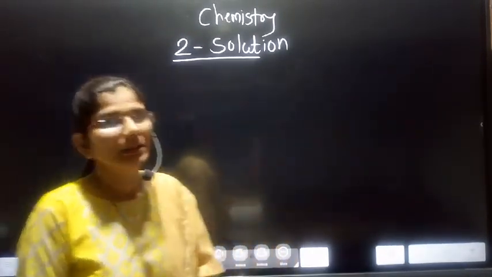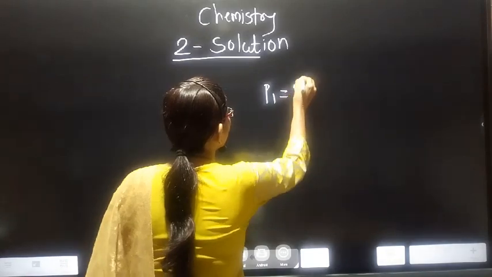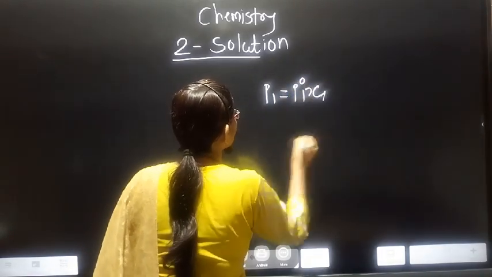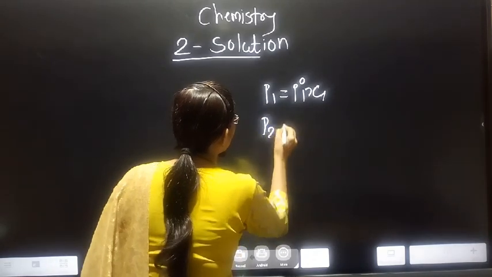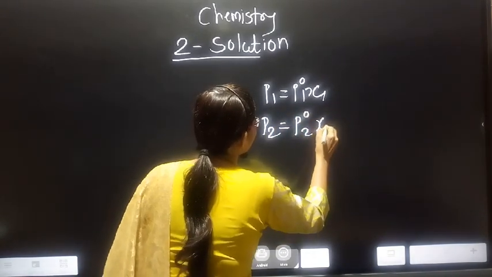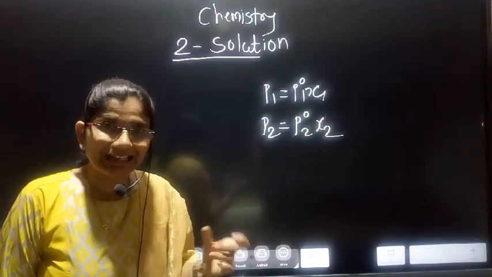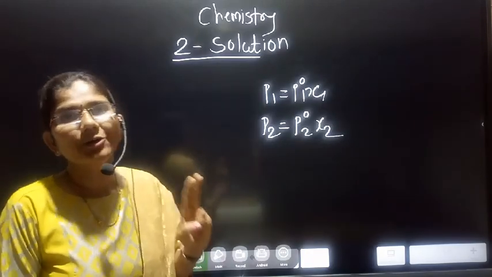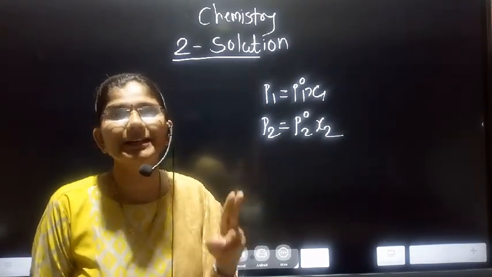Therefore, for Raoult's law, P1 is equal to P01 X1, and P2 is equal to P02 X2. In that case both the components are volatile, and therefore Raoult's law is stated for the volatile component.